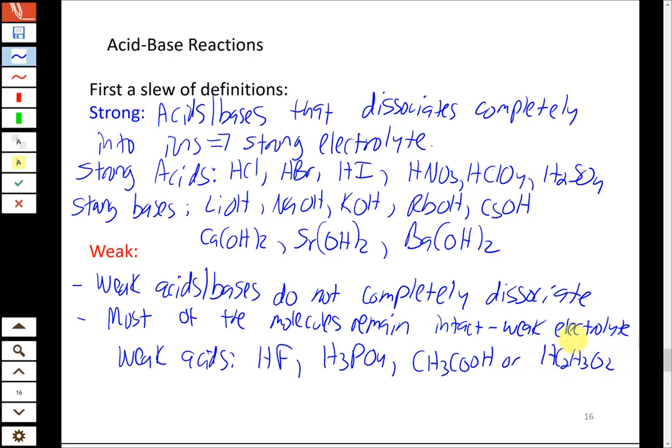So it's kind of a weird way of writing it, but both of those are the formula for acetic acid. This one shows more closely how the structure looks. This one just shows the chemical formula. So anyway, acetic acid, acetate paired with H+.